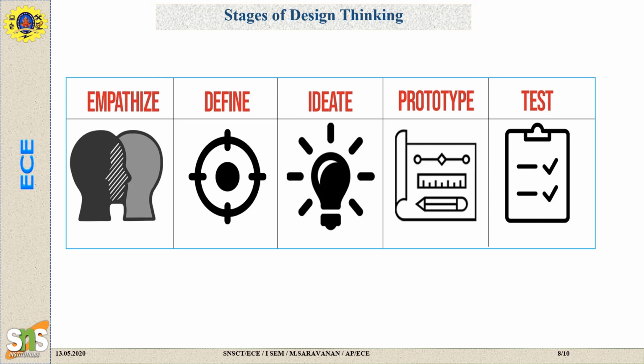Before entering into the final product, we have to go for a small prototype. A simple example: as ECE students, before building an electronic product, we need simulation software. With the help of that simulation software, we identify the current consumption, the input, the design, the resistor value and the capacitor value.